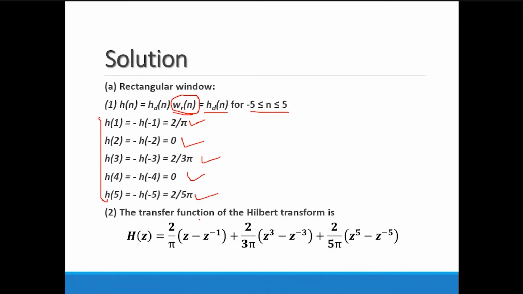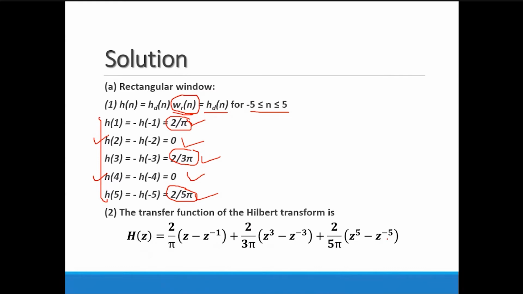So the transfer function of the Hilbert transform is given as follows. These three values have nonzero answers; the remaining values, h2 and h4, are 0. So I am getting this function: H of z is equal to 2 upon pi times (z to the power minus 1) plus 2 upon 3 pi times (z to the power 3 minus z to the power minus 3) plus 2 upon 5 pi times (z to the power 5 minus z to the power minus 5). Okay.